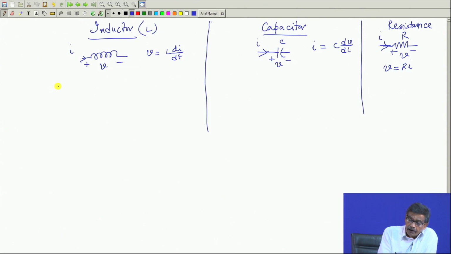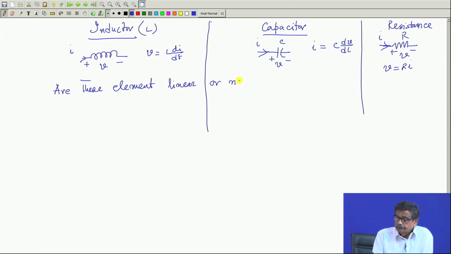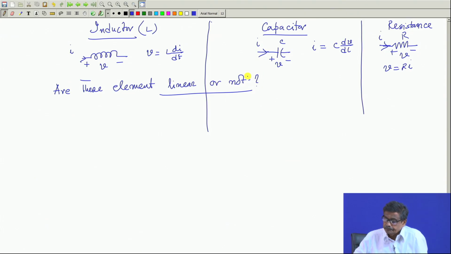Now, I would like to investigate whether these three elements are linear or not. To test the linearity of a particular element, you have to see whether the superposition principle is satisfied.